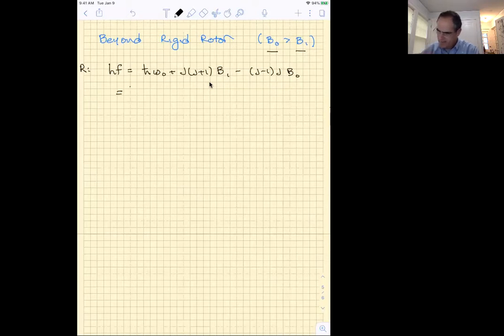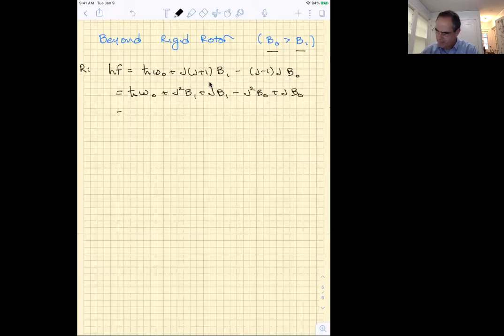Simplifying this, we have h bar omega naught plus j squared B1 plus j B1 minus j squared B0 plus j B0.